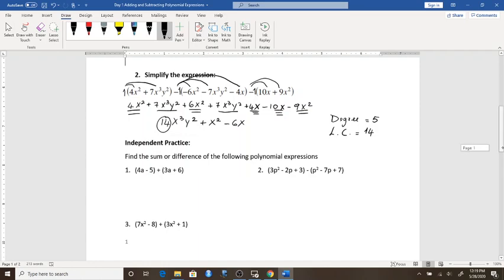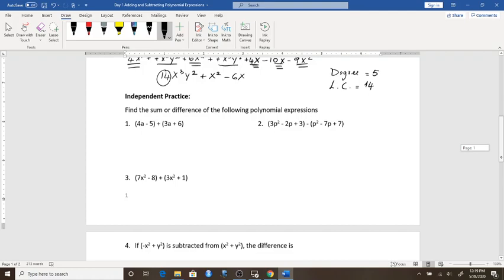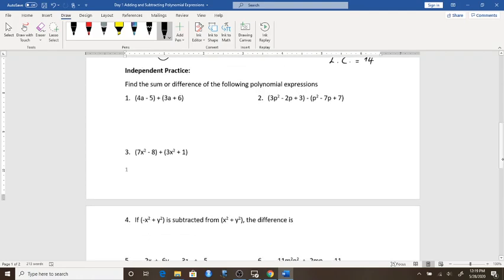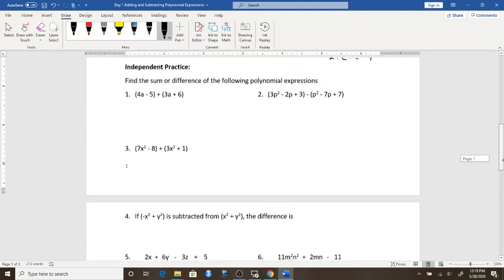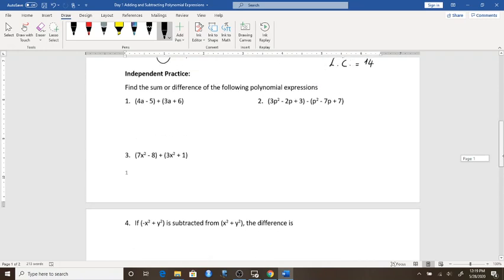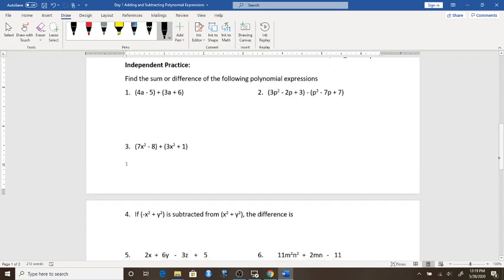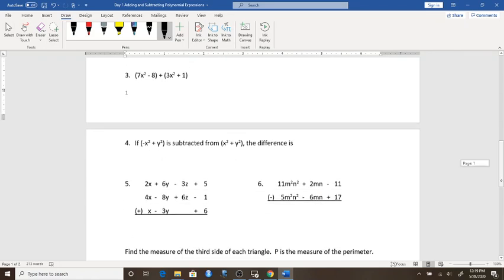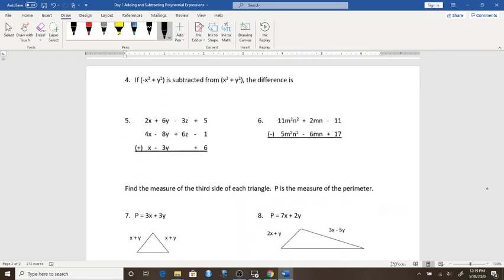Alright, so for the dependent practice, I just want to show you 1 or 2 problems here. You should be fine for the first 3, okay? I don't see any difficulty with that, okay? And then be careful with number 4. Number 4 says if this quantity is subtracted from this, then the difference is what?